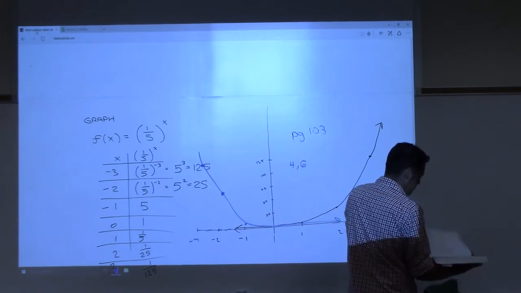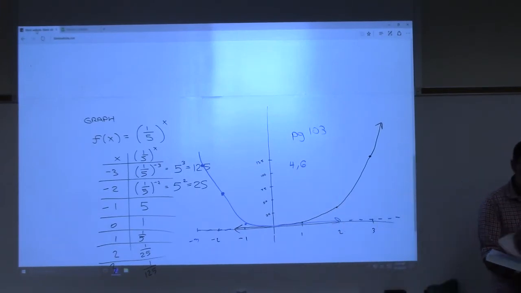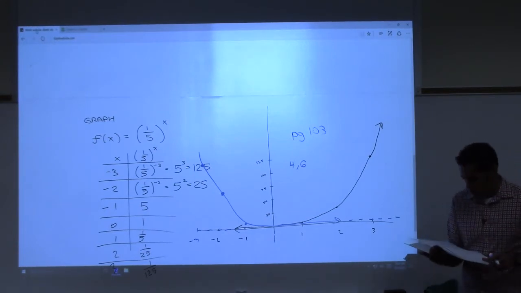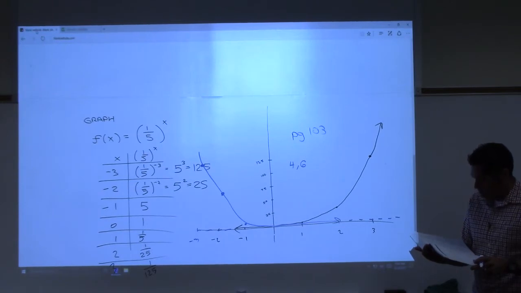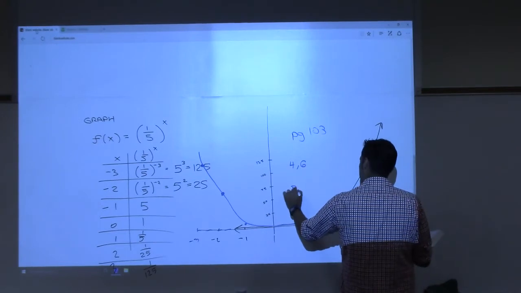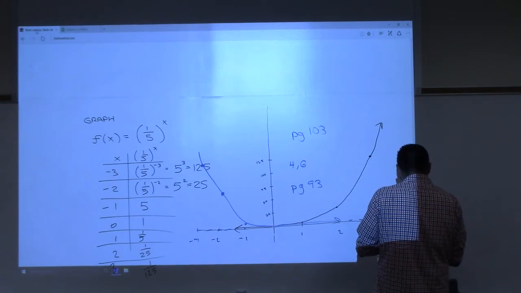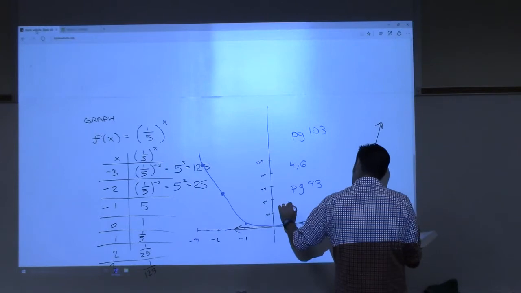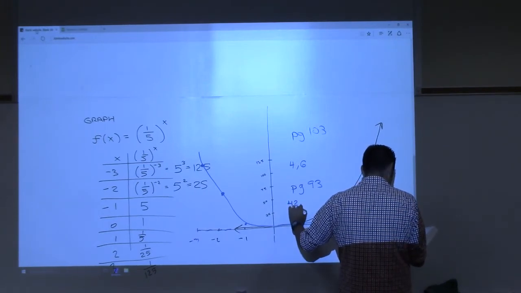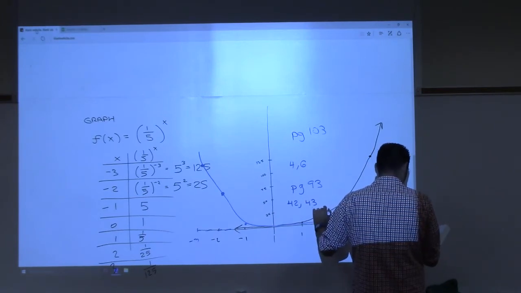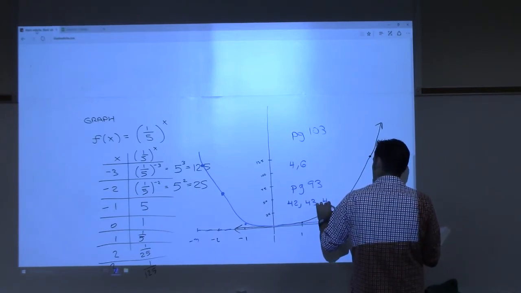Let me just see if there's anything from 2-4 that I want to add to this polynomial rational function here. From page 93, I want you to look at 42, 43, and 46.